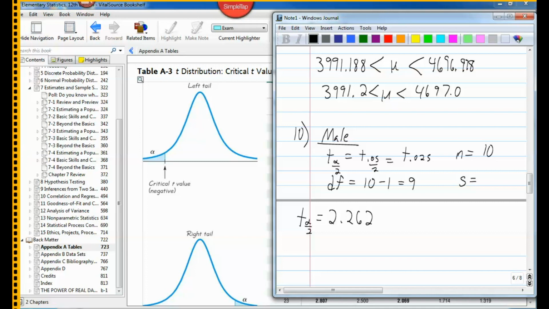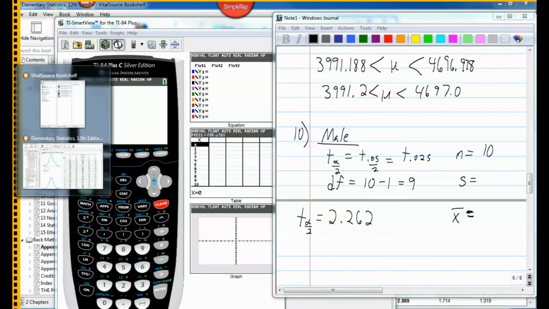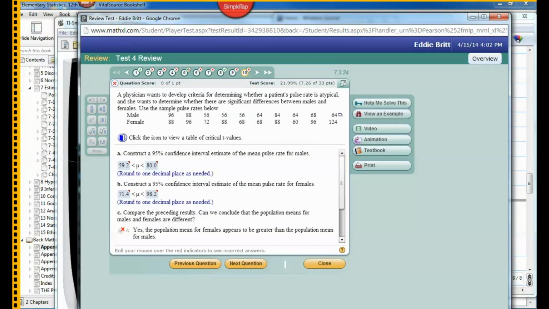Okay. Now let's find our sample standard deviation, and once we do that, we'll also use the calculator and just look at the mean of the set. So I cleared out those items there. Let me find my data set.